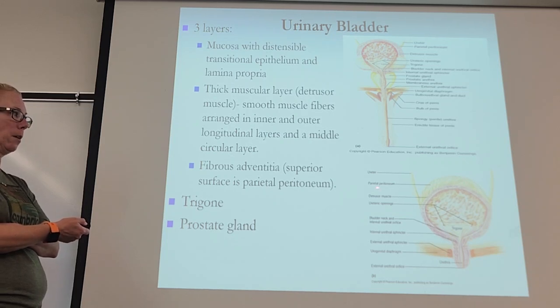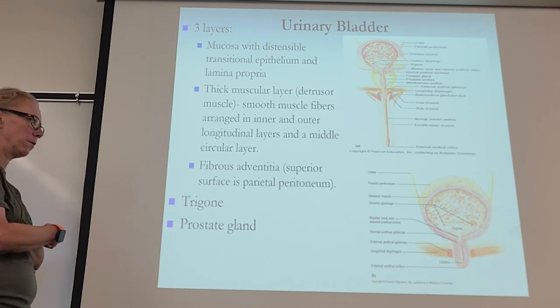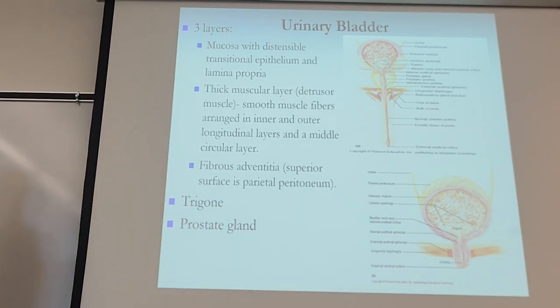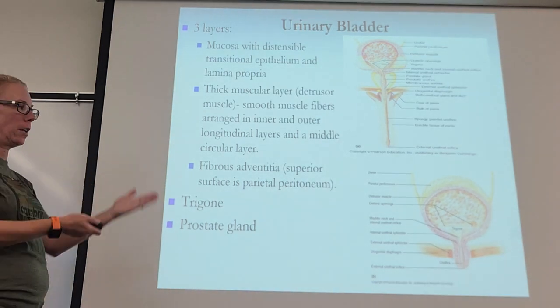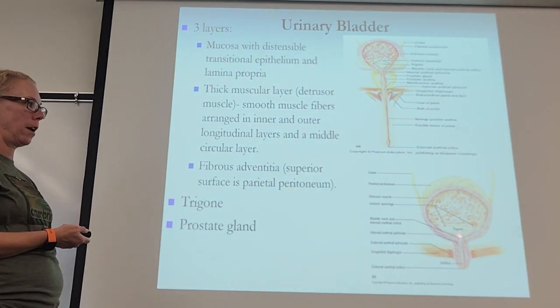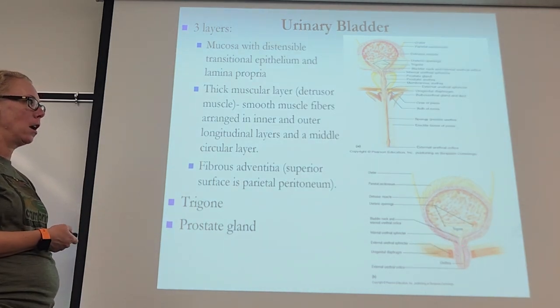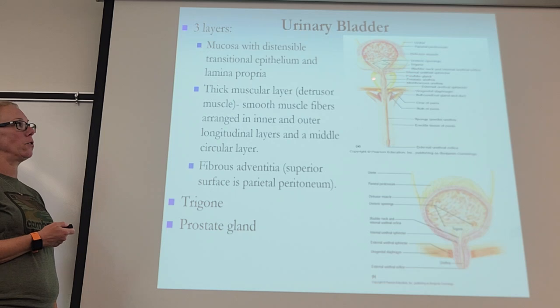So parietal peritoneum is on the superior surface of the bladder. Okay. We know the trigone is the triangle that's made from the 2 ureters entering and the urethra exiting. Okay. And males have a prostate just inferior to the bladder that females do not.